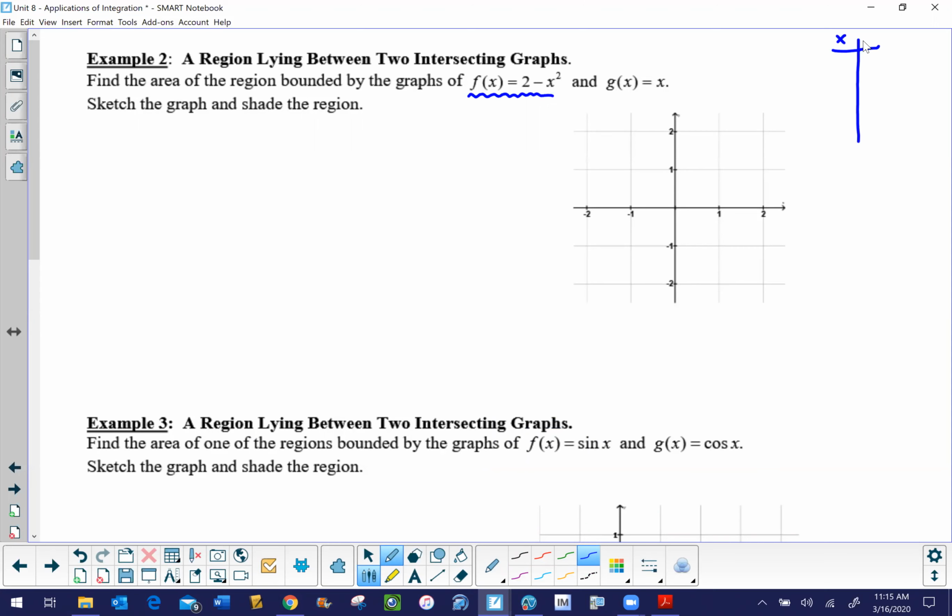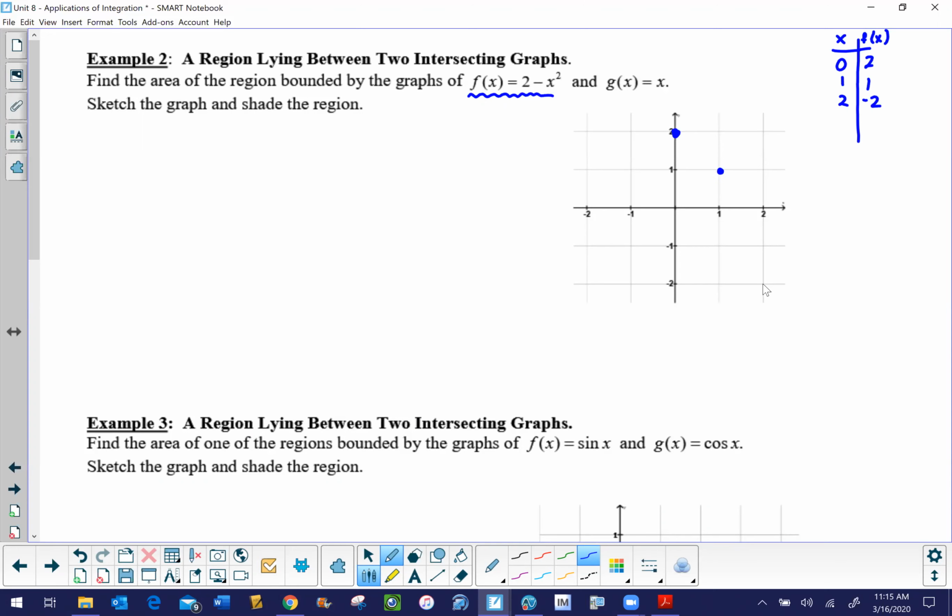So if I let my left column be x and my right column be f of x, we just start with some of the easiest x values to plug in, like 0. I get an f of x of 2. And if I let x be 1, I get an f of x of 1. And if I go as high as 2, 2 minus 4 is negative 2, but that's about as much as I'm going to be able to sketch here.